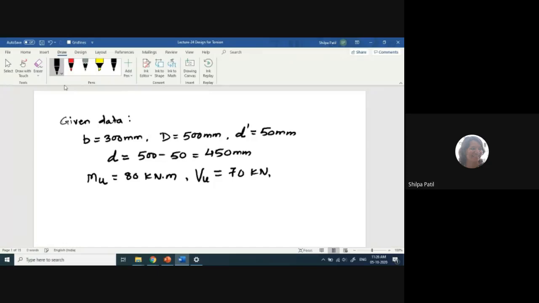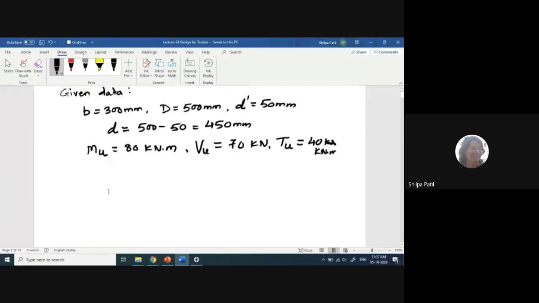And the twisting moment Tu is also given, 40 kilonewton meter. Okay, so for these values now we have to design the beam.